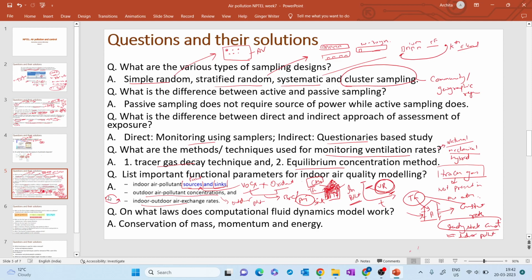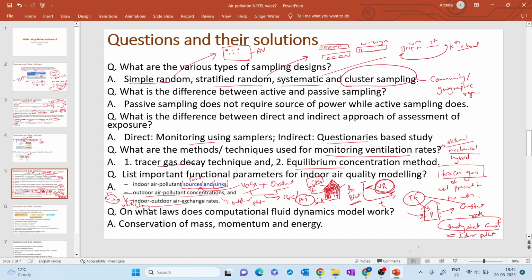If you look, you will see that both depend on ventilation. So even in air quality modeling, ventilation plays a very important role in understanding how much air pollution is happening in the indoor environment. That is why it is important to understand and monitor the ventilation rate in a particular household.